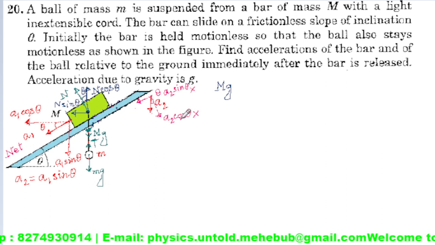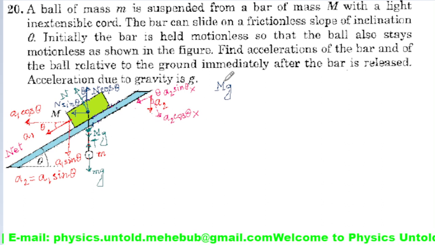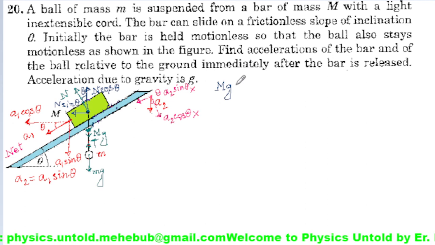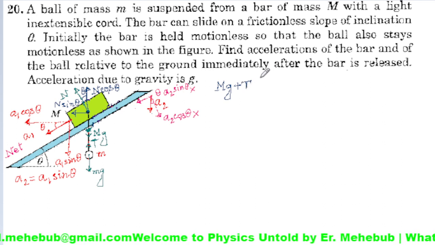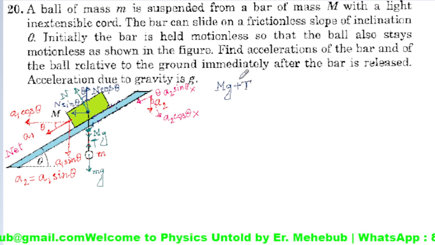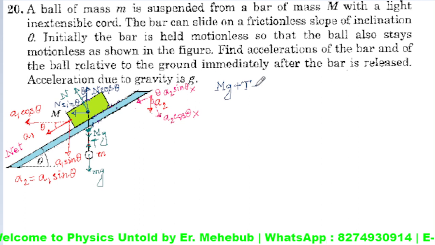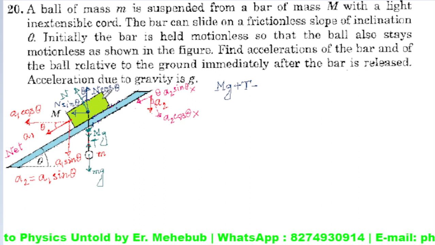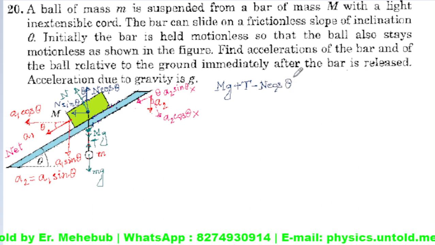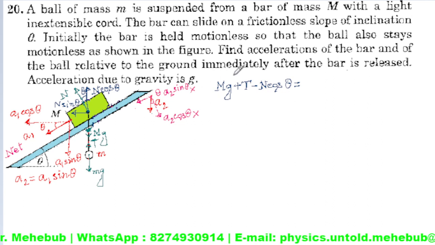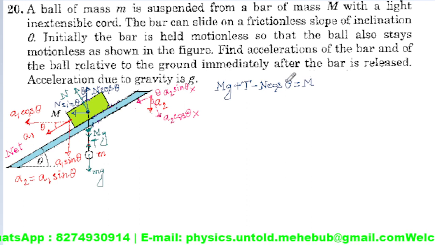So for the balancing of mass capital M, we can write this equation as Mg plus T, because there is also a tension of the string or thread, T, which is also acting vertically downward, minus the vertical component of the normal reaction, N cos theta, which must be equal to the mass capital M multiplied by its acceleration.